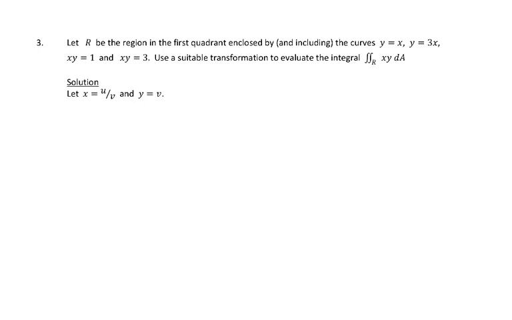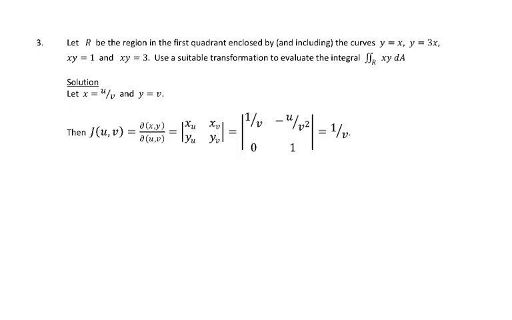So if you look at the second pair of equations, xy equals 1 and xy equals 3, it means that's going to be reduced to u equals 1 and u equals 3, which is certainly much easier than xy equals 1 and xy equals 3.